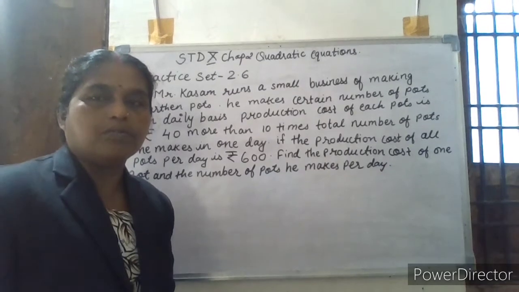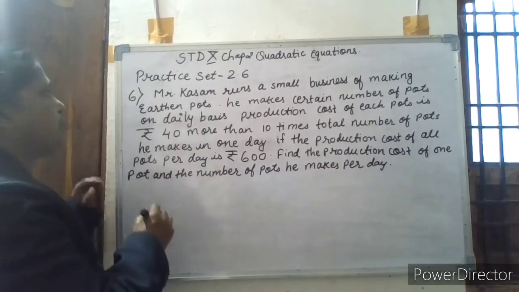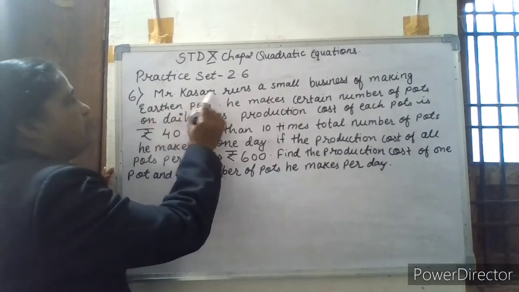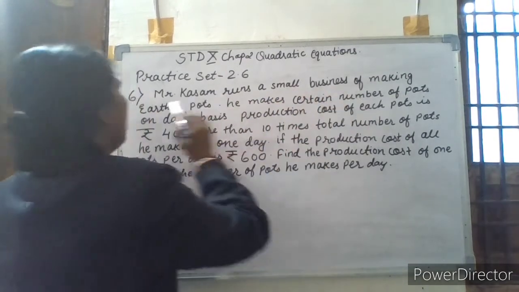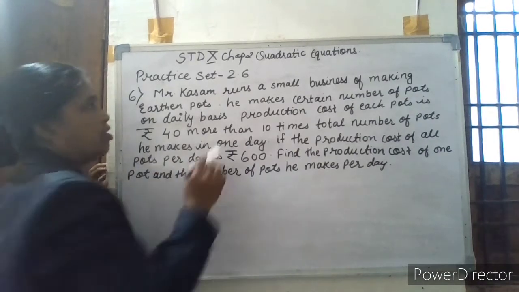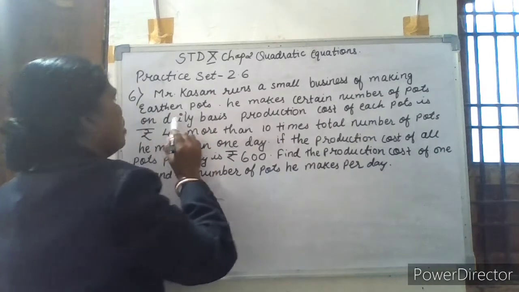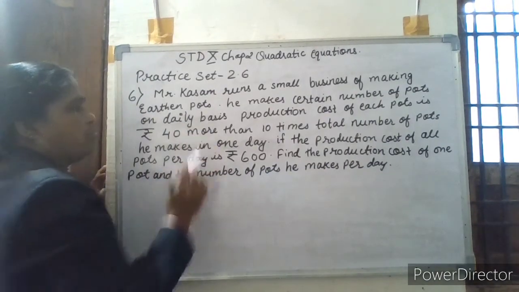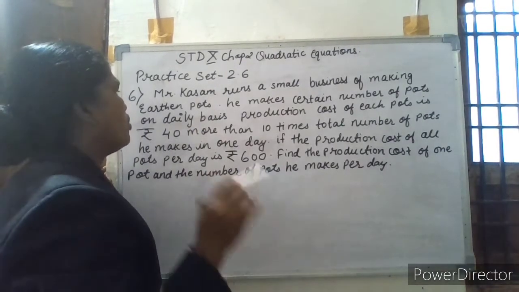Now we go to the next question, that is sixth question. The question is, Mr. Kasum runs a small business of making earthen pots. He makes a certain number of pots in one day, on daily basis.